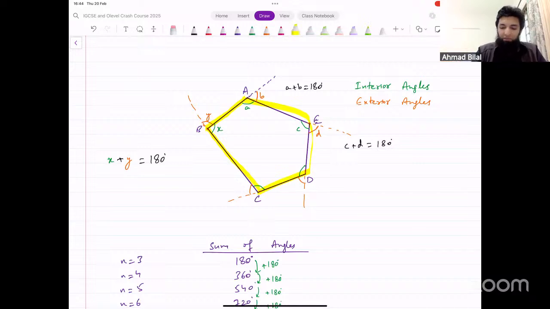You start from one side and then you come back to that same point again. And we know when we complete one full circle, the total angle is 360, right? So we are completing one full cycle starting from that point and coming back to that point again. Since you've completely turned around 360 degrees, the sum of all exterior angles is 360 degrees.